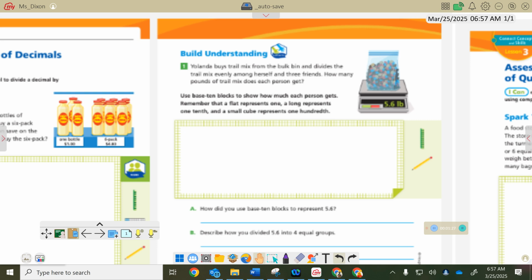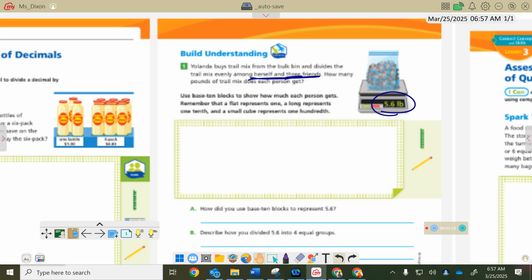Alright? So, we want to evenly divide the 5 and 6/10 pounds among not 3 people, because it does say 3 people in the question, but it says among herself and 3 friends. This is a hidden number.